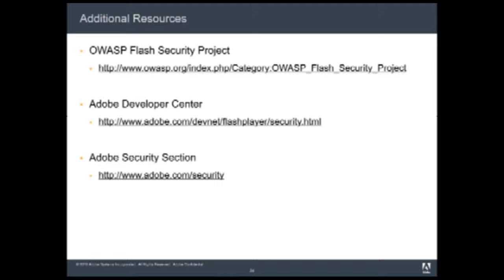You can find the original sources that I'm citing to get more information. The Adobe Developer Center has information for Flash developers. It talks about the changes we make within Flash Player from release to release to make the model more secure, whether there will be backwards-breaking changes, and new APIs that are introduced. And if you're interested in Adobe security in general, there's an Adobe security section.